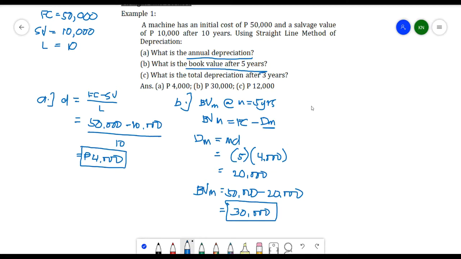Next, we need to solve for C, which is what is the total depreciation after 3 years. So we are looking for the total depreciation after 3 years, that is DL at M equivalent to 3.